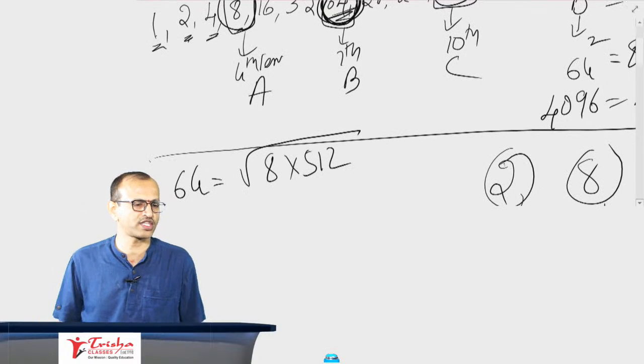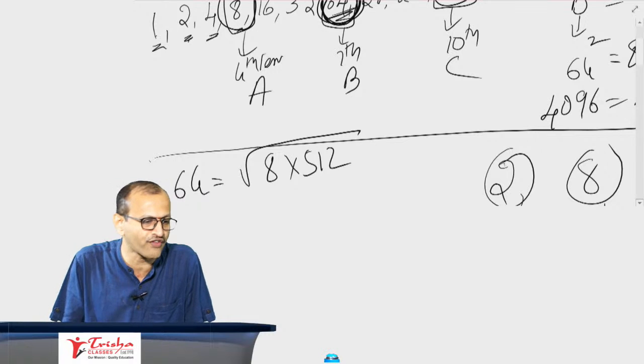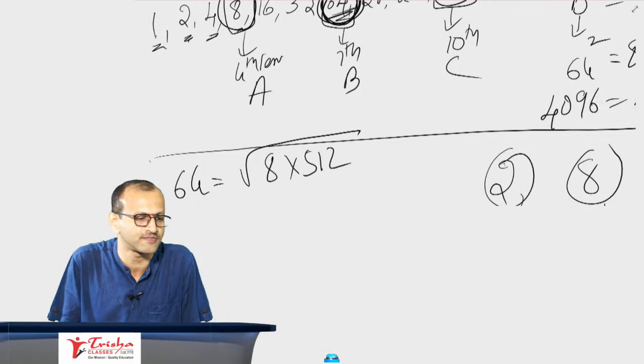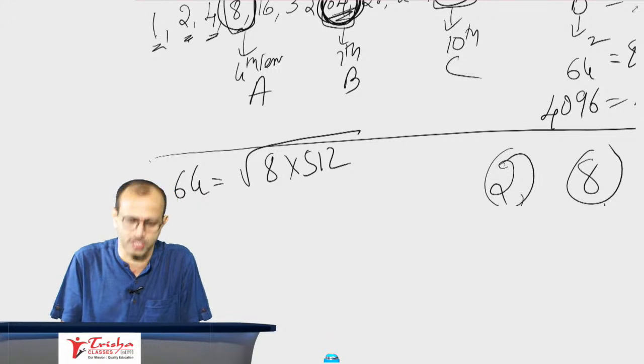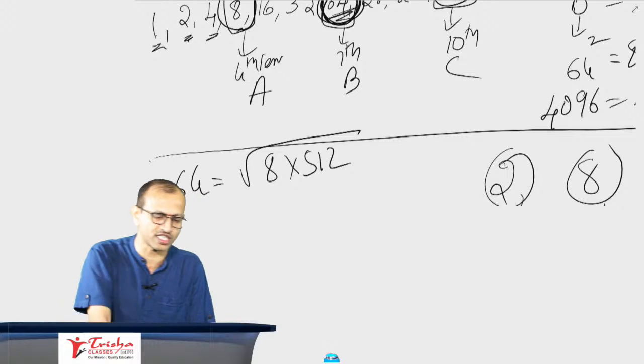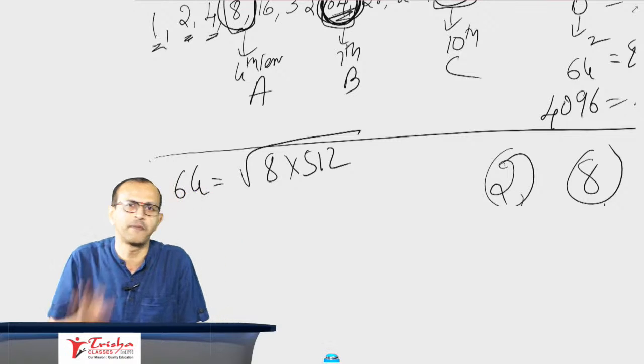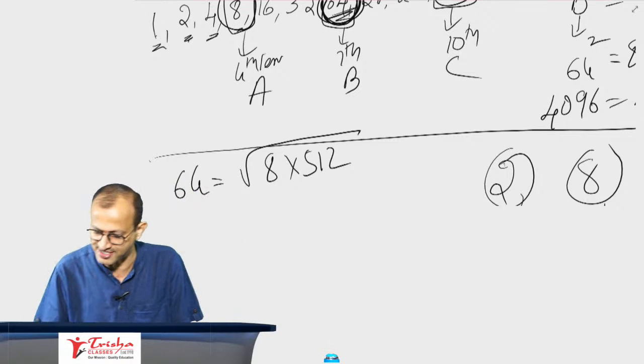Is that right? 8 into 512, square root. Obviously. So the conclusion in all the methods, B square equals AC, is the right answer.